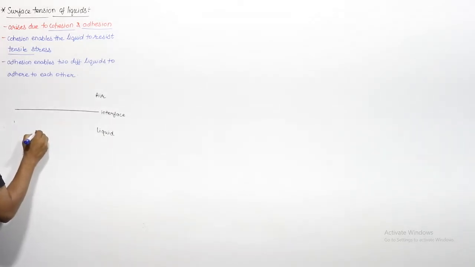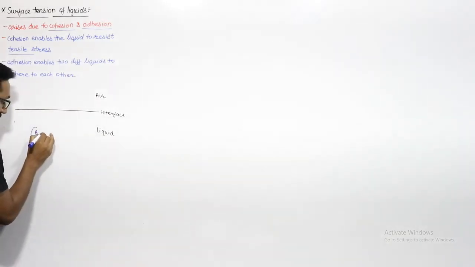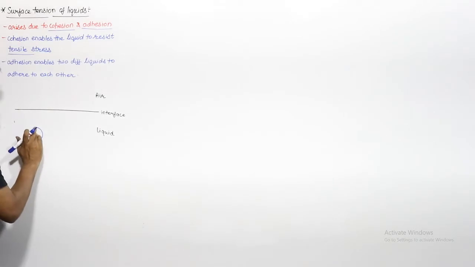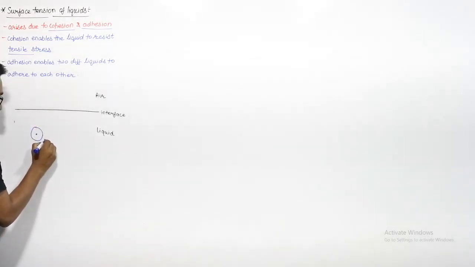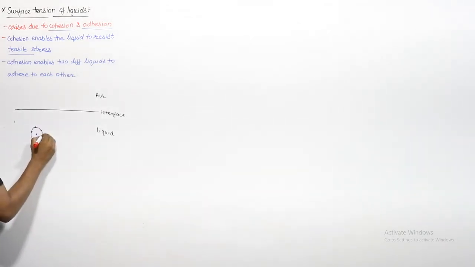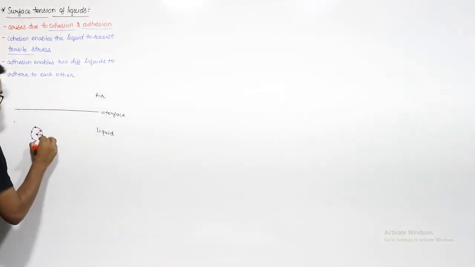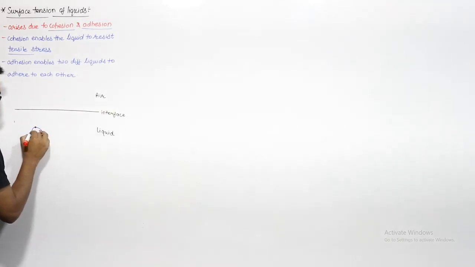Suppose this is the sphere of influence, over which these cohesive forces are acting. Let us say this particle is A, I can write A here. So the different particles of the fluid which surround this molecule A exert attractive forces, which are the cohesive forces, right?